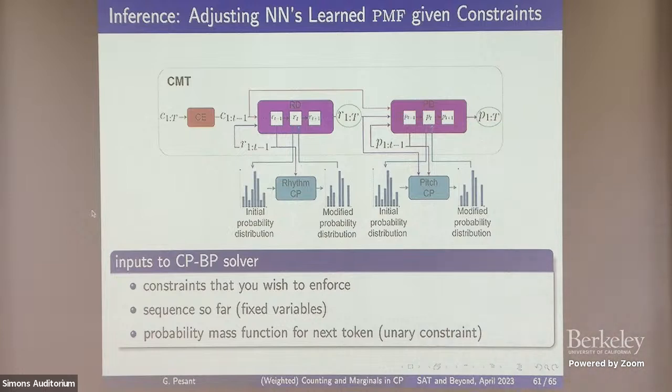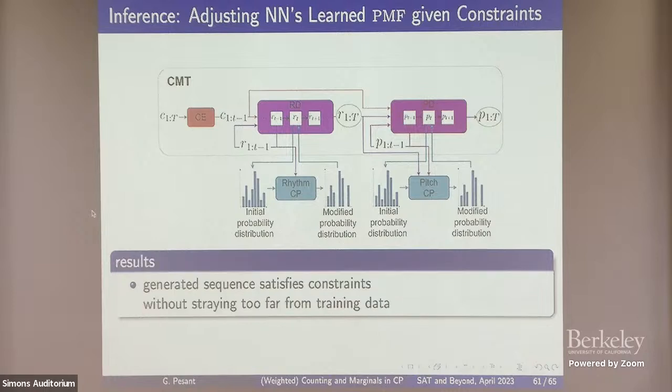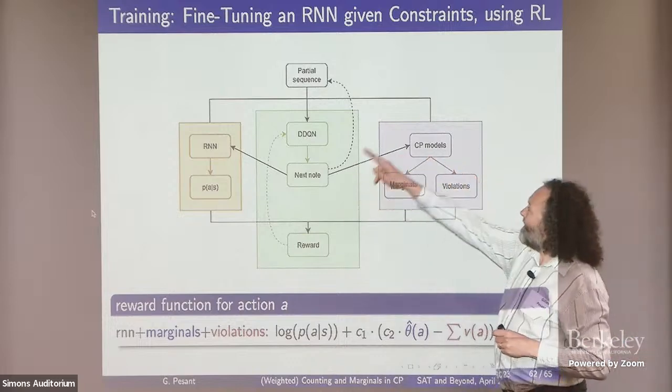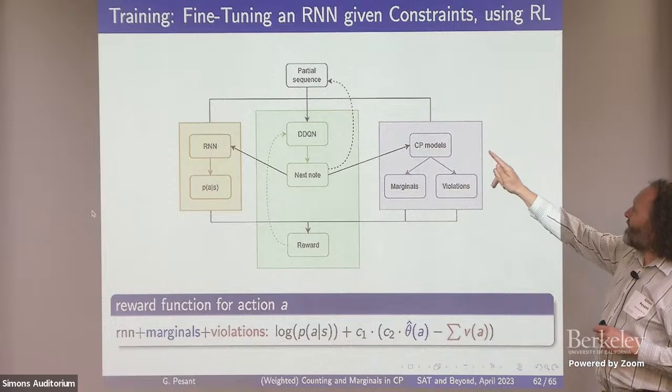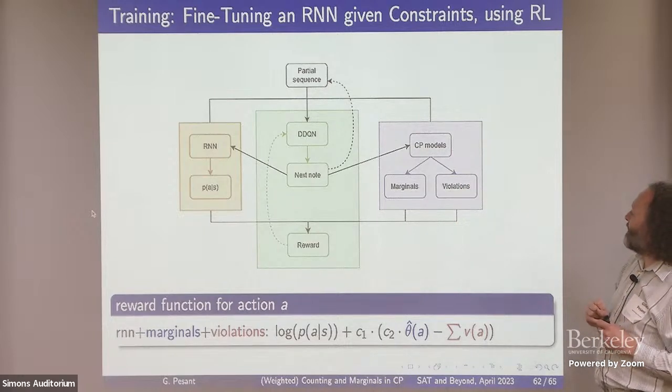We've used it also, yes, that's the output, I've shown you that. And we've also started using it for training here. It's a reinforcement learning framework where you've got a trained RNN, and the agent is being trained to fine-tune what has been learned.